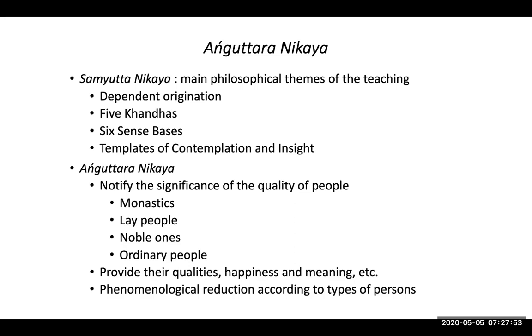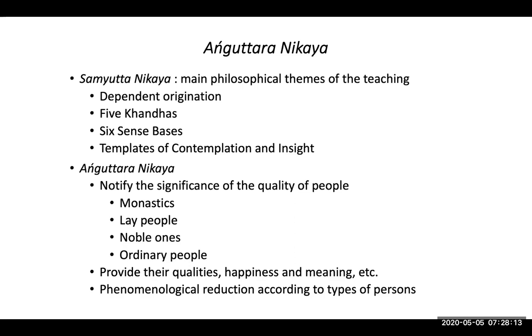So the Abhidhamma Pitaka is a more sophisticated approach, reducing phenomenology in order to figure out types of persons. So the precursor of Abhidhamma is the Anguttara Nikaya.